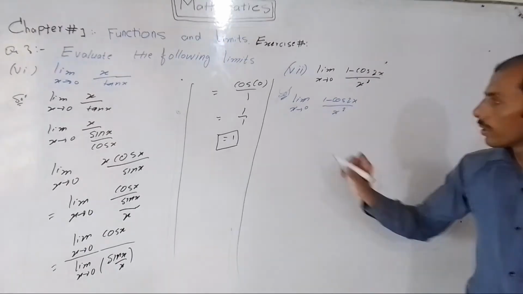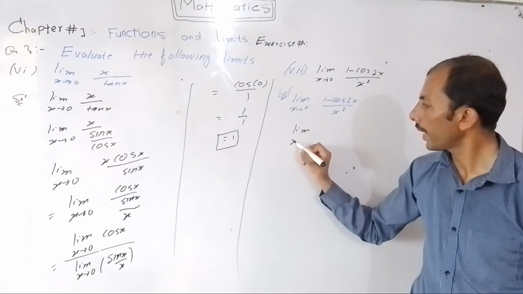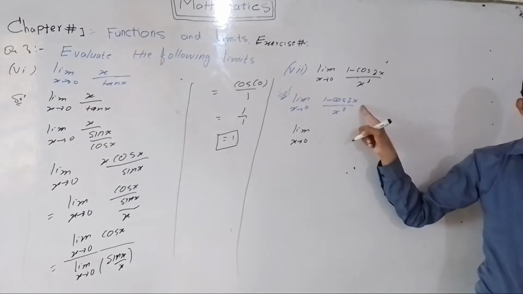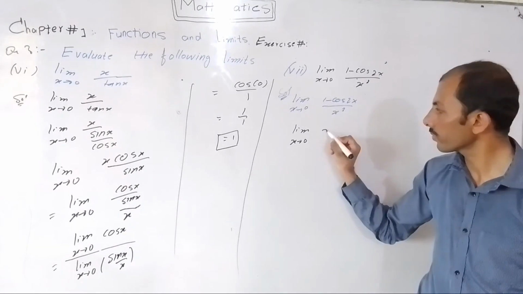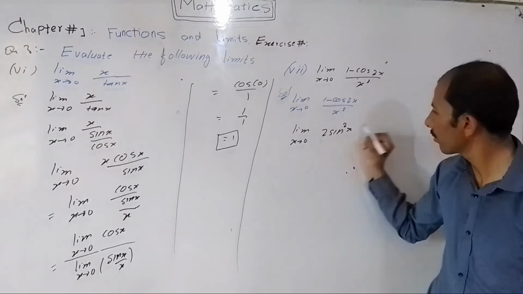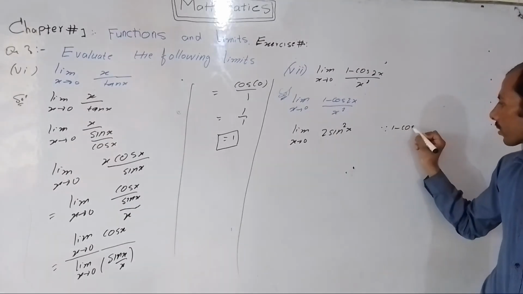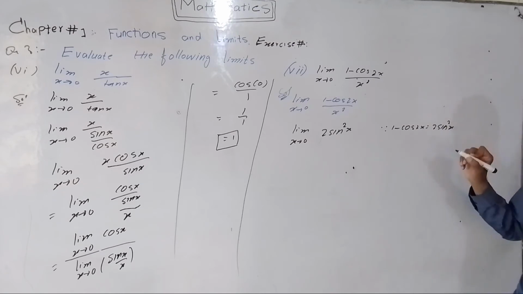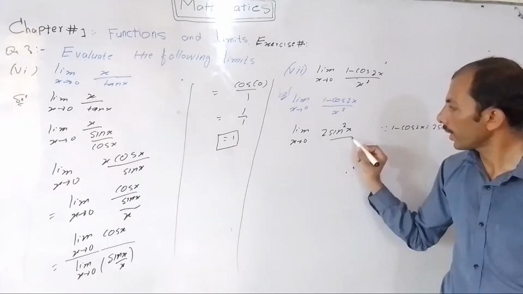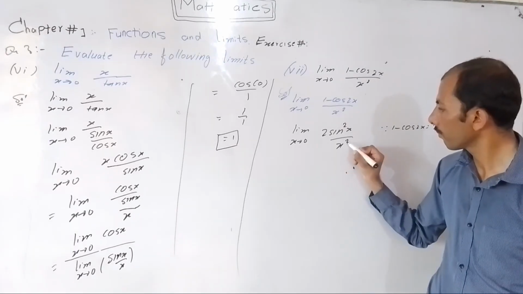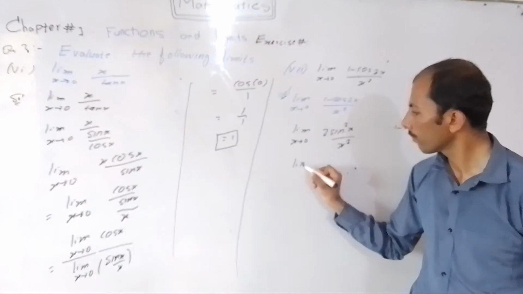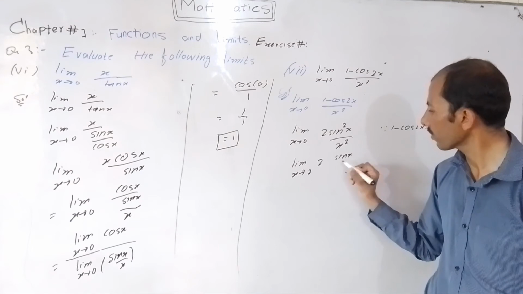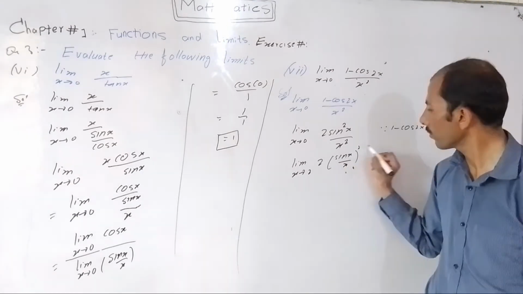So limit x approaches 0. 1 minus cos 2x is equal to 2 sin square x. Therefore, 2 sin square x divided by x square, limit x approaches 0, 2 into sin x divided by x whole square.